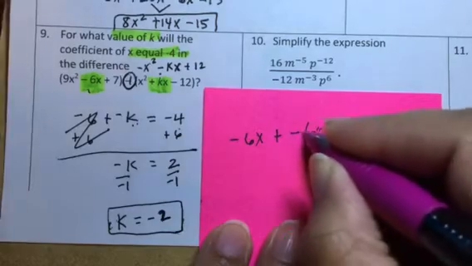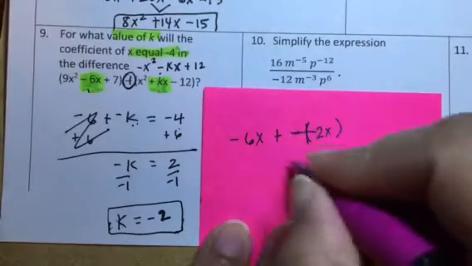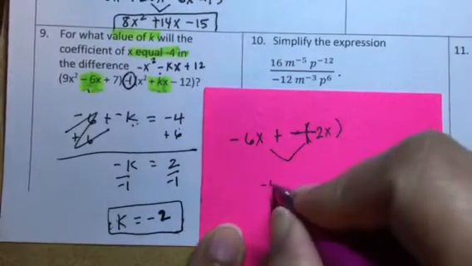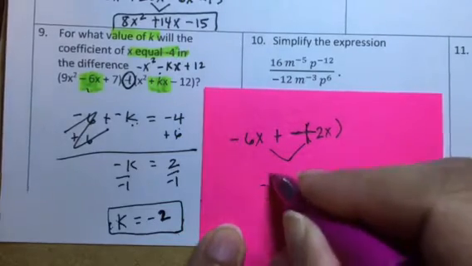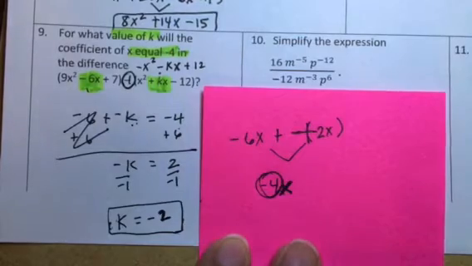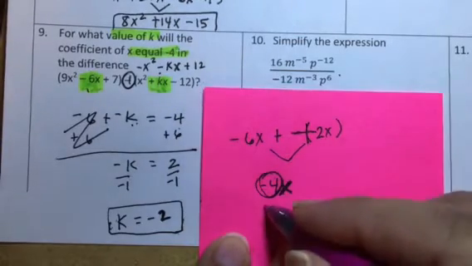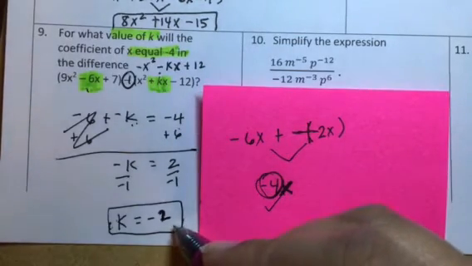Well, two negatives give you a positive, so when I combine those two, is the coefficient in front of x negative 4? And there's your answer. So our correct answer was indeed -2.